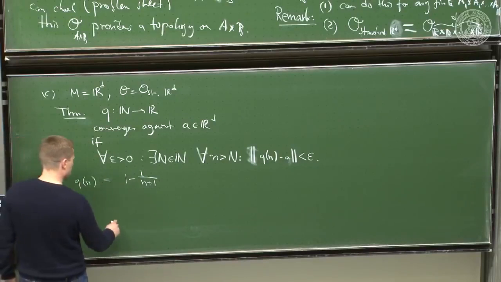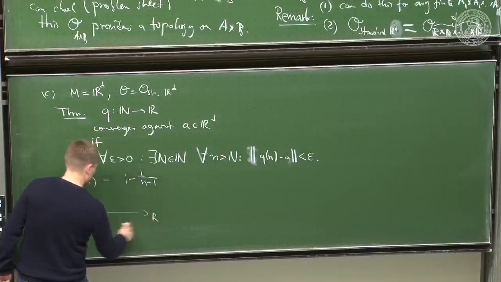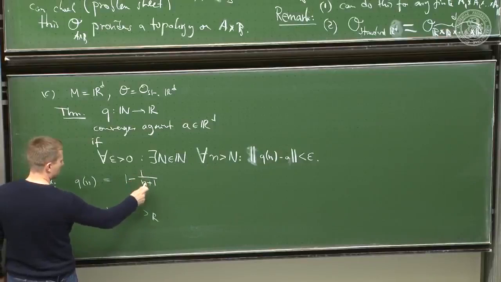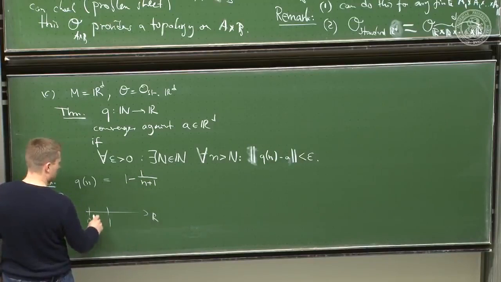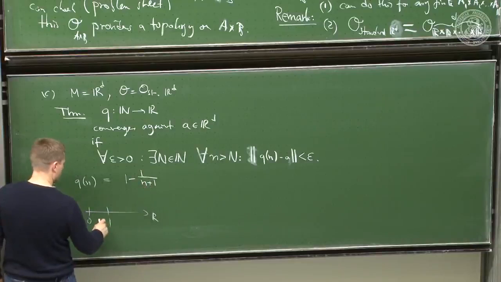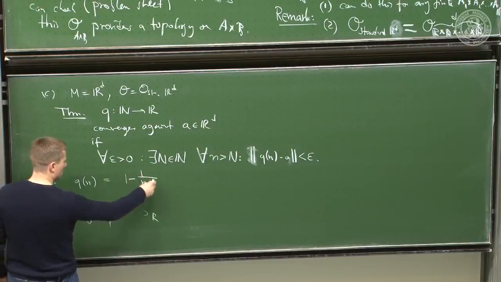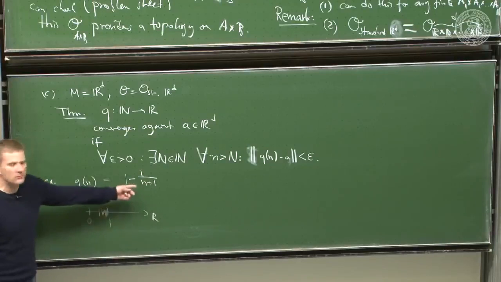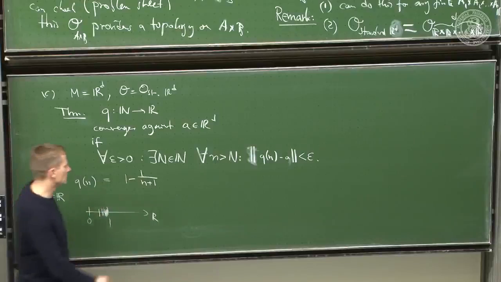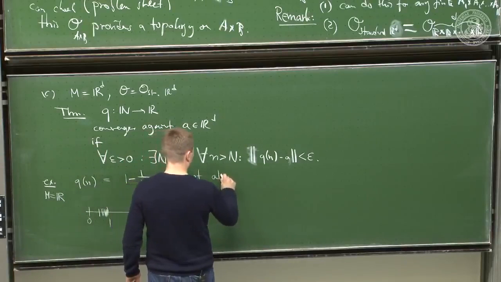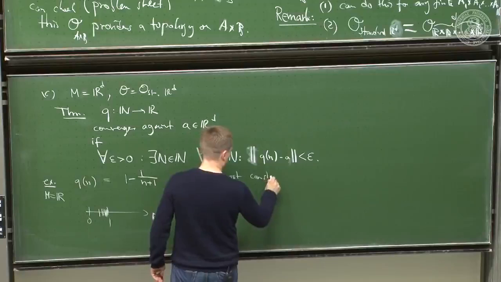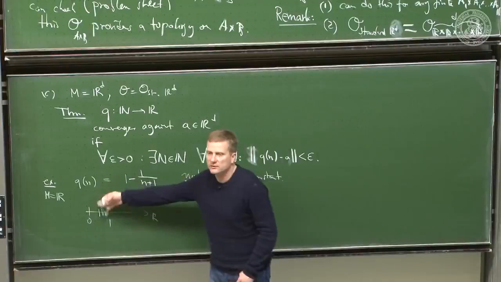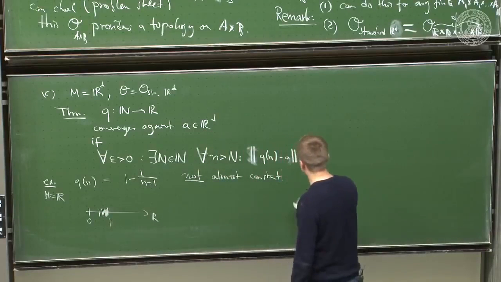And then obviously if this is the real line and this is 1, then 1 minus 1 is 0, you're here, and then 1 minus 1/2 is here, then 1 minus 1/3 is here, and so on. So you get closer and closer and closer, but this is not almost constant, because every value is different. It's not almost constant.